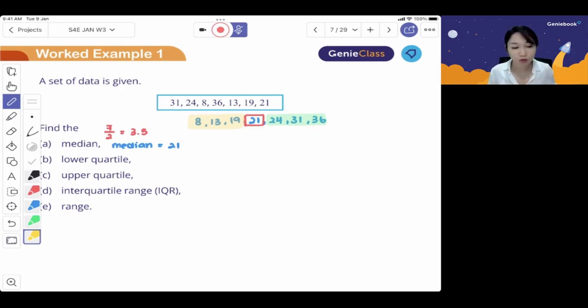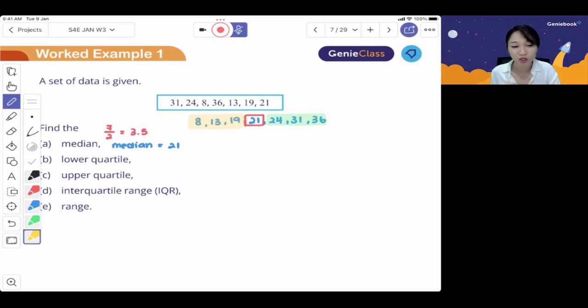Now lower quartile. What does it mean? Can anyone tell me the definition of lower quartile? Anyone remember the definition? Lower quartile will be the middle value, but this time... Very good, Denise, the 25th percentile, but what is the definition?